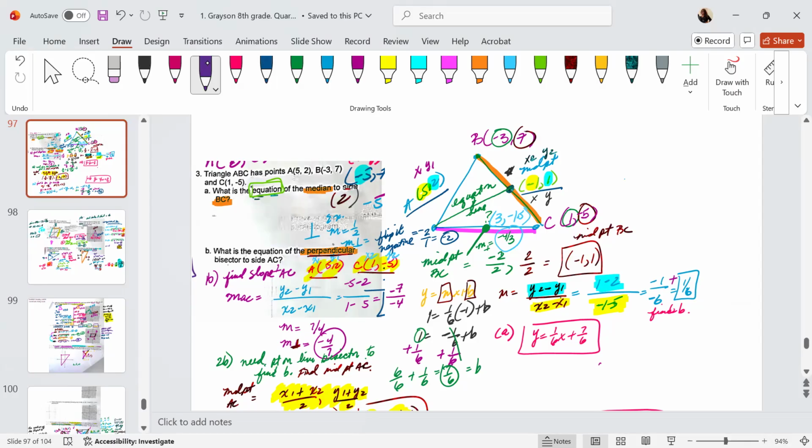The slope, so we did find the midpoint. And then for the slope, what we used was 1 and -2. Okay, so now I get it. Hold on a second. Now I see what they're doing.